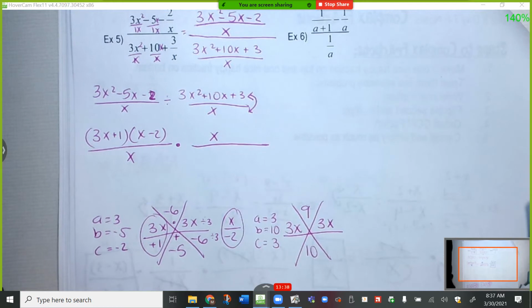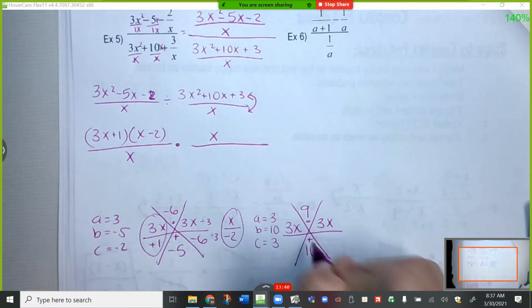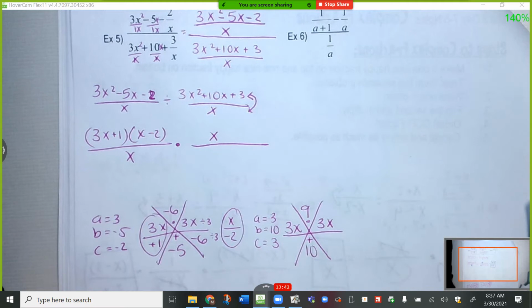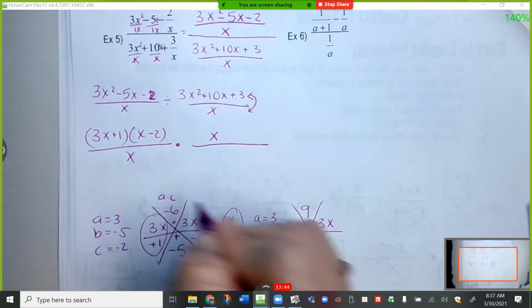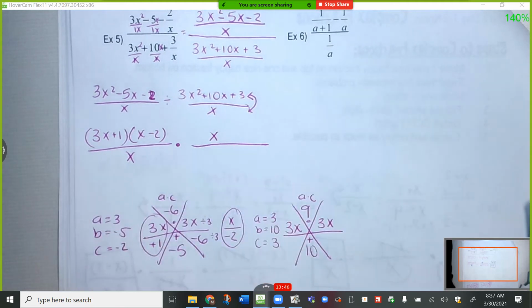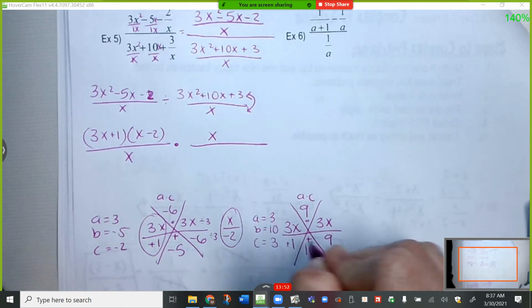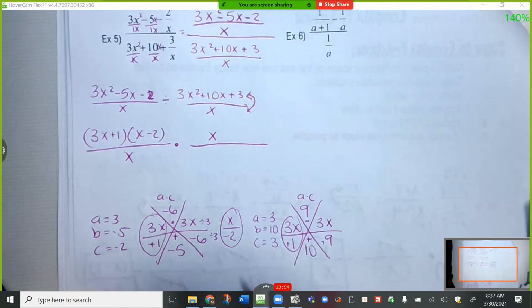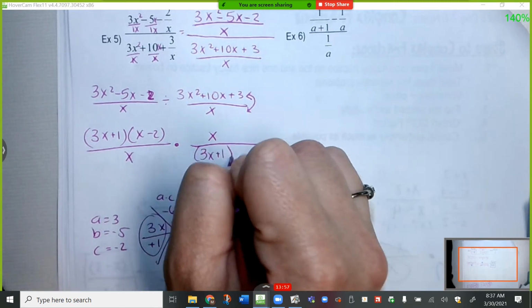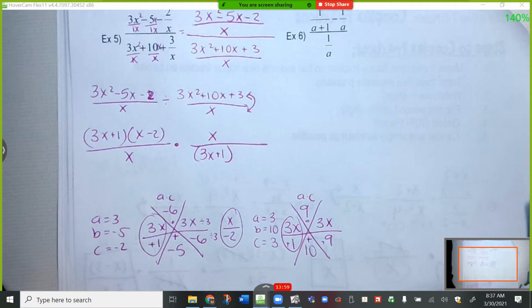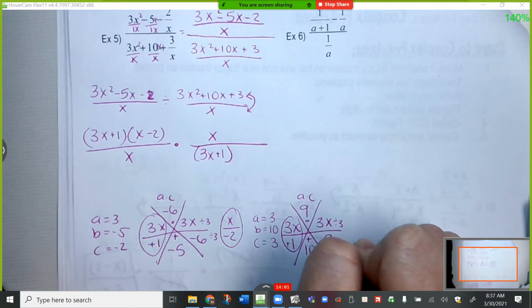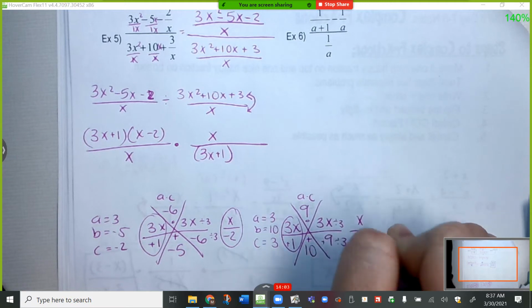So what multiplies to give you 9 but adds to give you 10? 9 and 1. So 3x plus 1 does not simplify. But 3x over 9 does, because 3 goes into both of those. And I get x over positive 3.